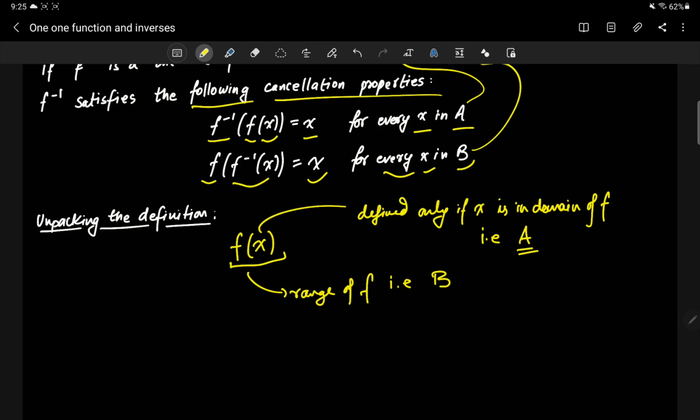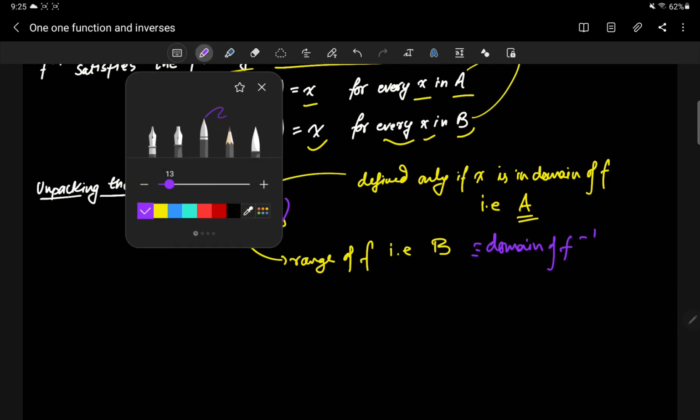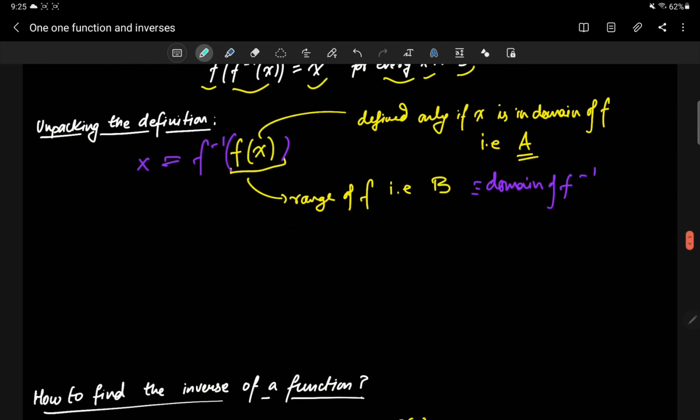And then if you apply f inverse to this, remember, because it's the inverse function, the range of f is the same as the domain of f inverse. So it is valid to put f of x into the input for f inverse, and this comes out to be x.